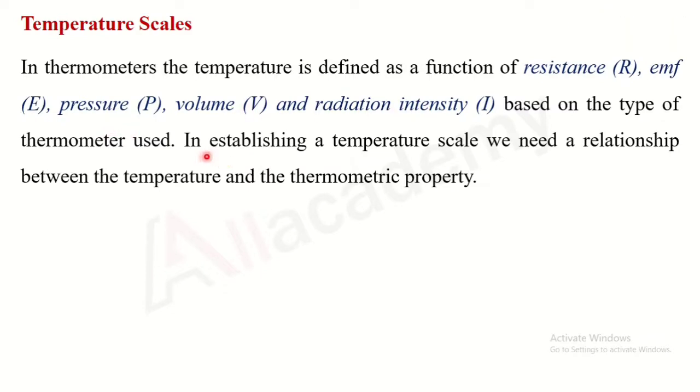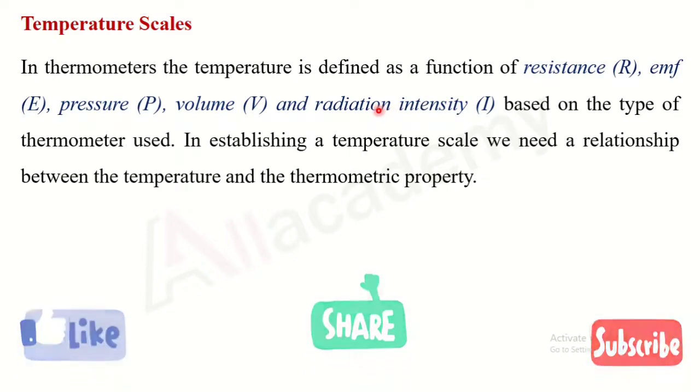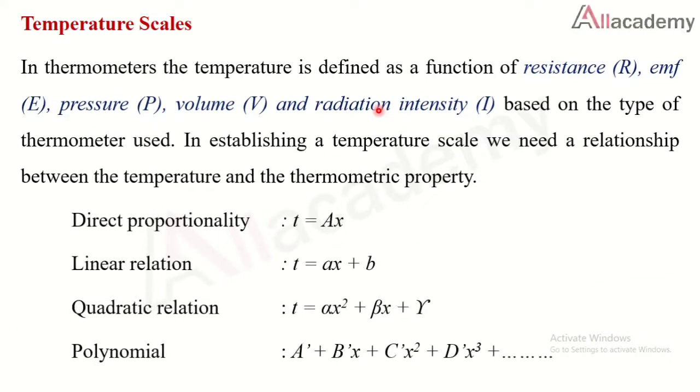In establishing a temperature scale, we need a relationship between temperature and these thermometric properties. So we must have some relation that includes both temperature and the thermometric property. Here are some equations considered in the temperature scale to measure temperature.